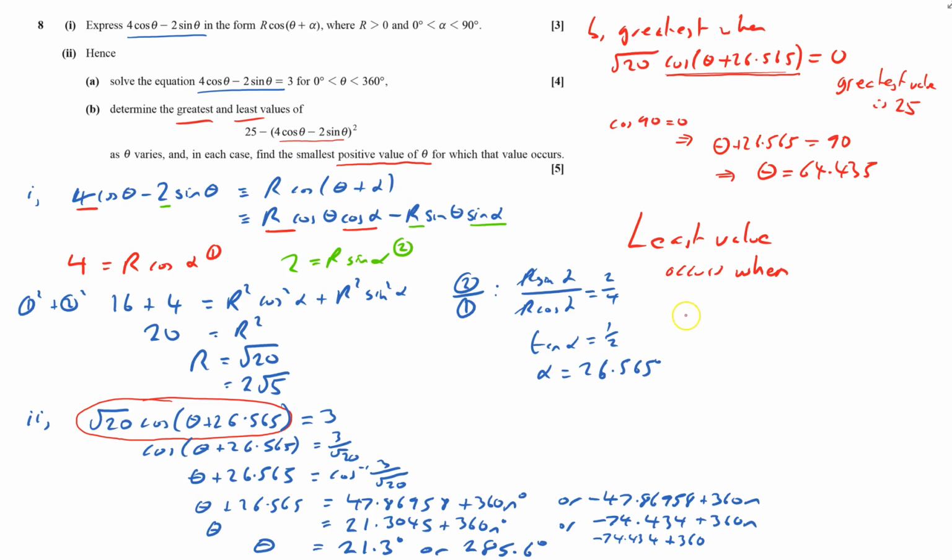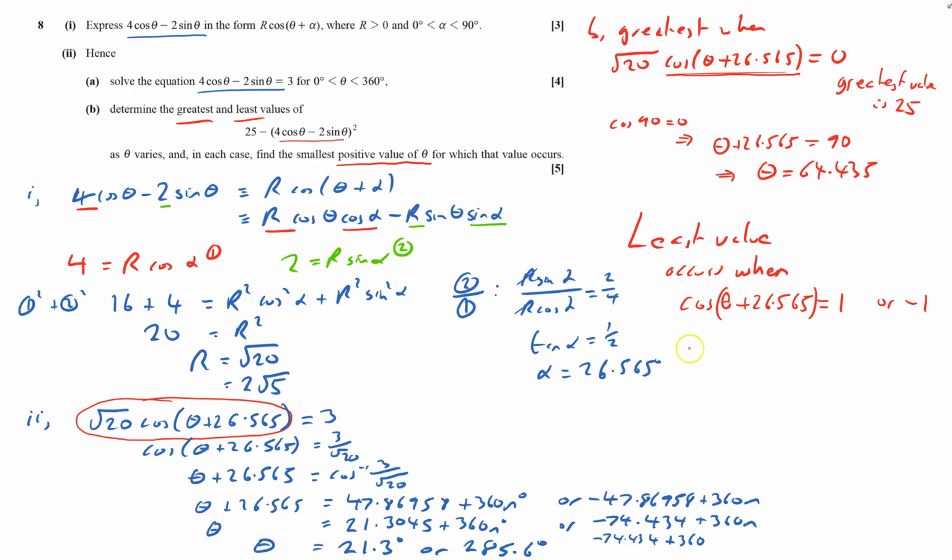So the minimum value occurs when cos of theta plus 26.565 equals 1 or minus 1. Okay, so if it's 1, this bit ends up being 0, because cos 0 is 1.